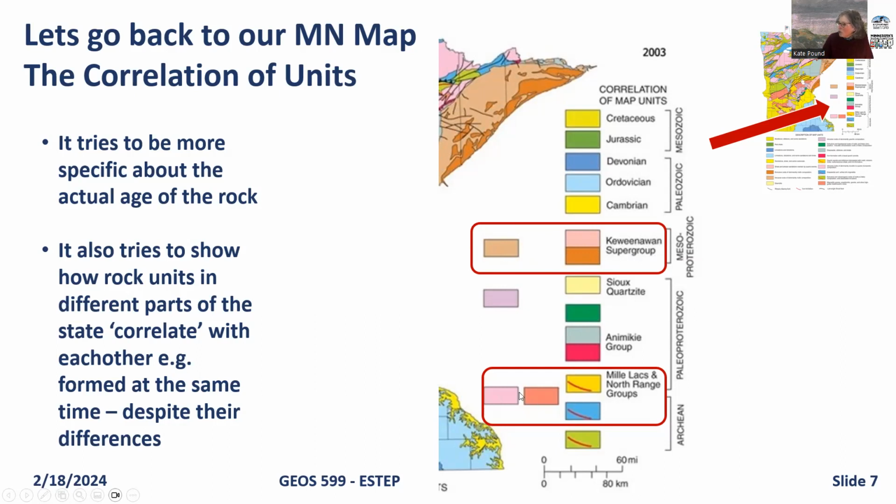And here, these two units, and I'd have to go to the description of map units to see what they are, are approximately the same age as these two groups, the Mille Lacs and North Range groups. And the fact that they are contemporaneous, in other words, formed at the same time, suggests they somehow are related. Maybe the same tectonic event is associated with them.